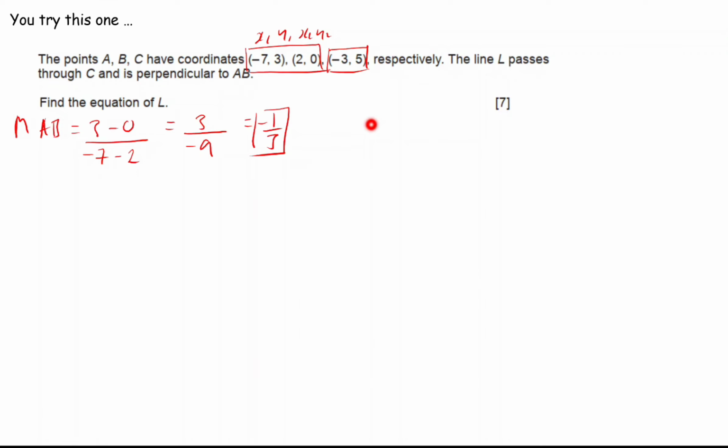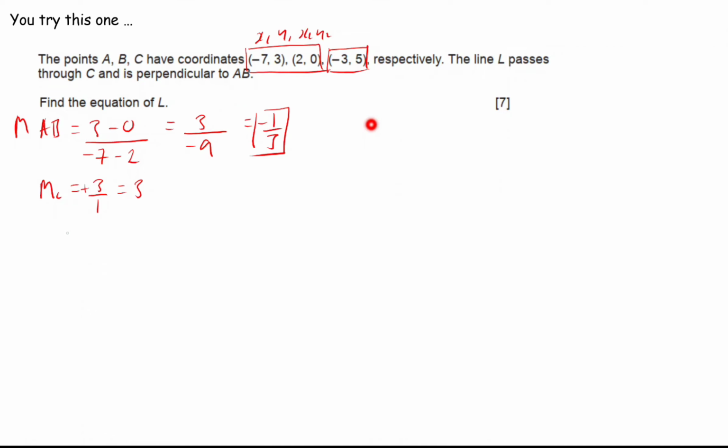We need the perpendicular gradient, okay, because L is perpendicular to it. So the gradient of L will be equal to the negative reciprocal of this. We flip the fraction upside down, it becomes 3 over 1, and it gets changed to a positive. So our gradient is equal to 3. Okay?